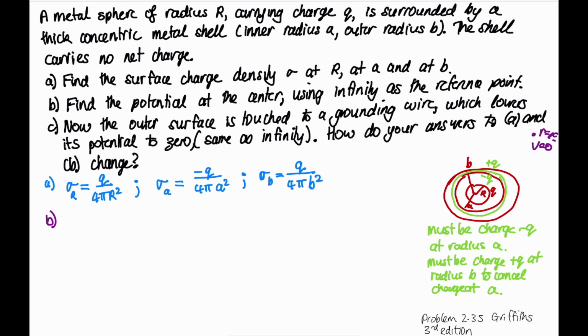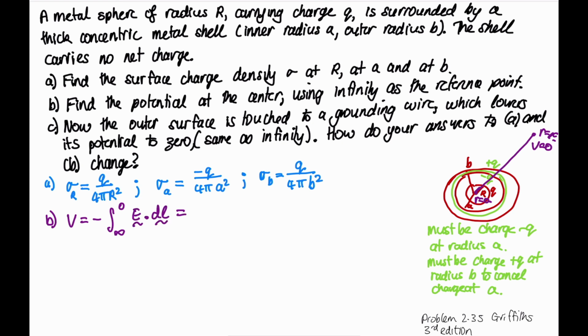And we are trying to find the voltage in the center of the sphere here at little r equals 0. So what we're going to need to do is consider this path between these two, because we know that the voltage is equal to minus the integral over this path, going from r equals infinity to r equals 0 of E dot dl.